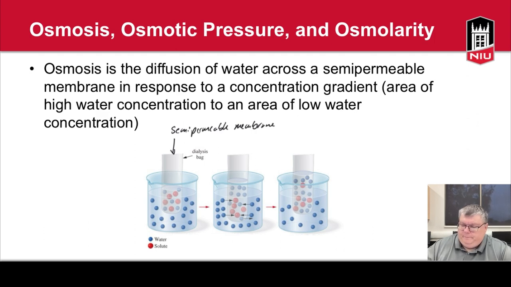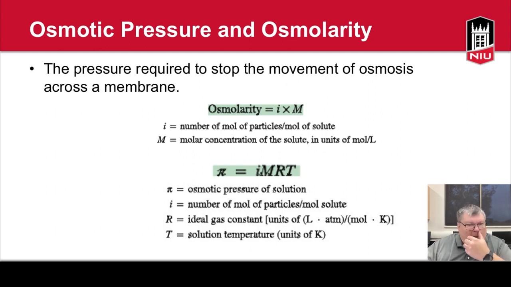Okay? When that equilibrium happens, what we have is a pressure. And this is the pressure required to stop the movement of osmosis across a membrane. As we saw in the previous picture, that happened when the height of the column of water inside the bag got to a certain height. That pressure that was pushing down from the column of water equaled the osmotic pressure.